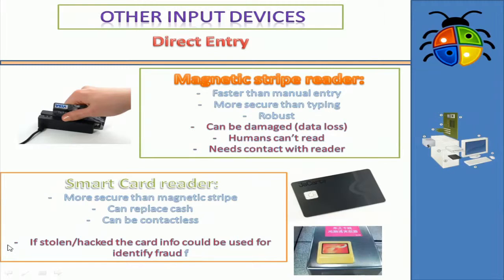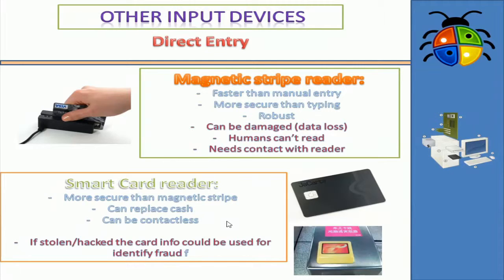Downside, if it's stolen or hacked, there can be information in here. So if someone is able to hack into your card, they could use this information, perhaps for identity fraud or something like that. So you do have to be careful with your card. Likewise, there's an interesting TED talk you can look online, but they were showing that because they're contactless, people can sometimes gather your information just by walking past you with a scanner.